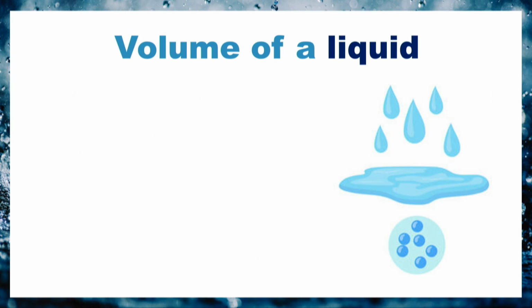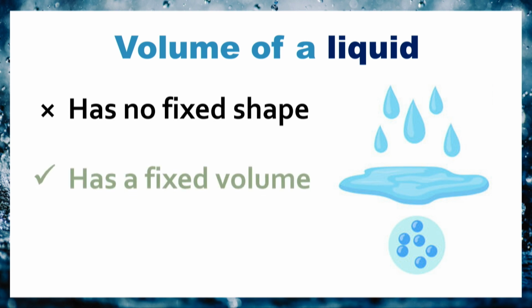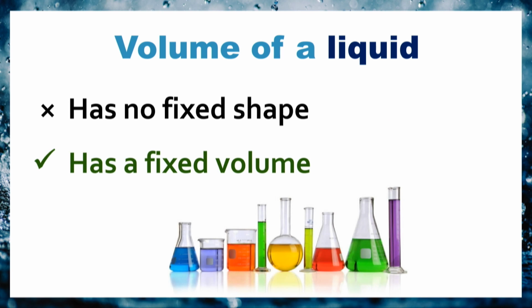Since a liquid has no fixed shape, we cannot calculate its volume using formulas. But a liquid has a fixed volume. Thus, when a liquid is poured into a vessel, it occupies some space inside the vessel.